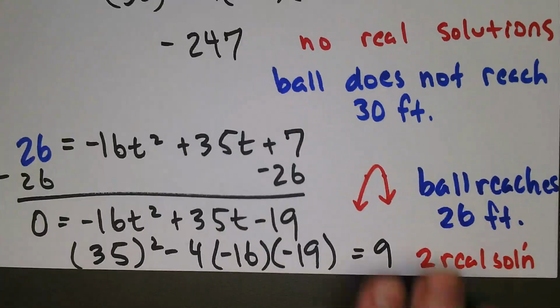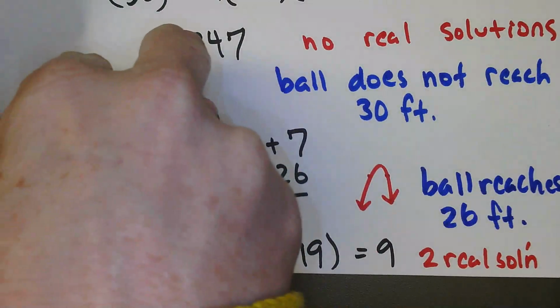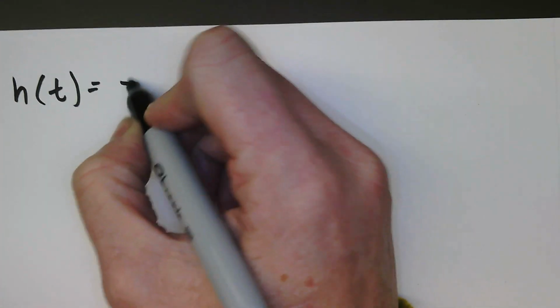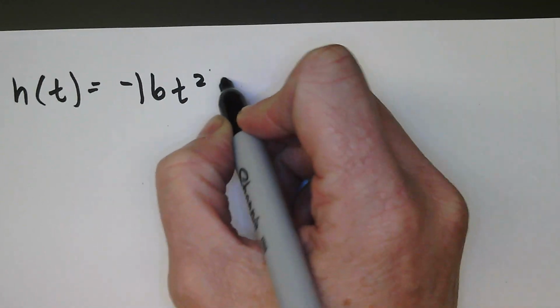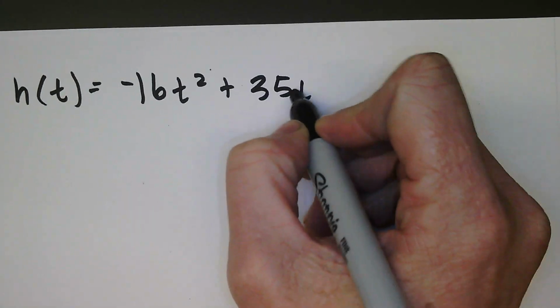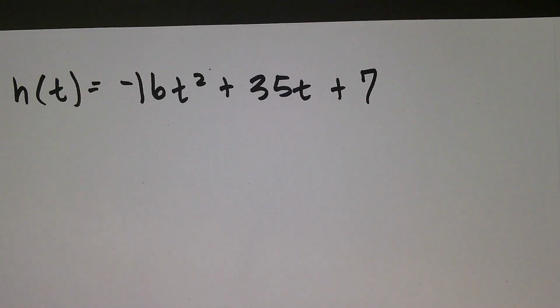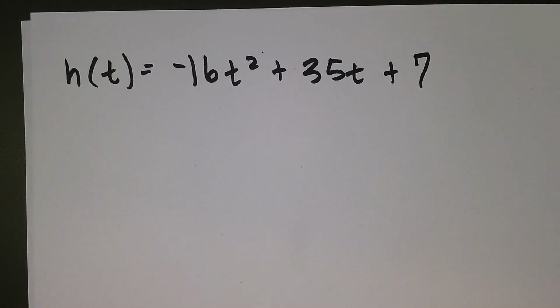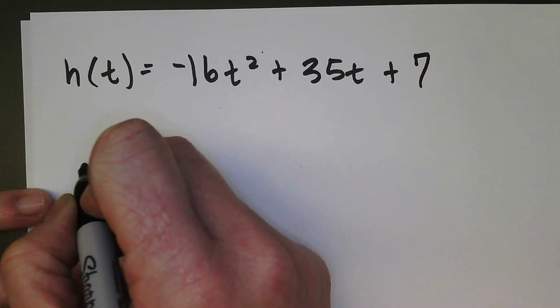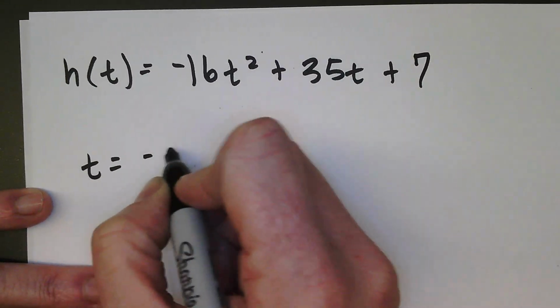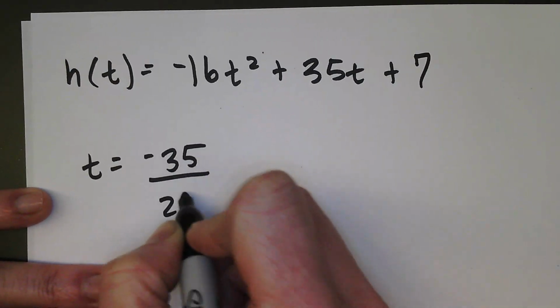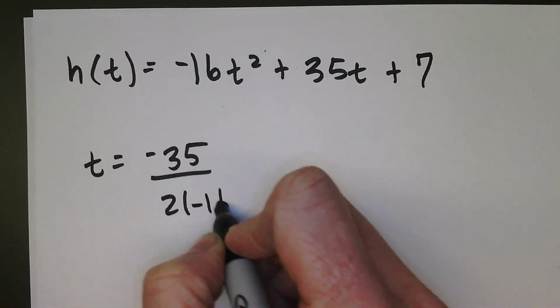One thing I should mention is that there's another way to solve this. What I'd actually prefer to do is take this equation, h of t equals negative 16t squared plus 35t plus 7, and just find my maximum. I would do t equals negative 35 over 2a, the opposite of b over 2a.